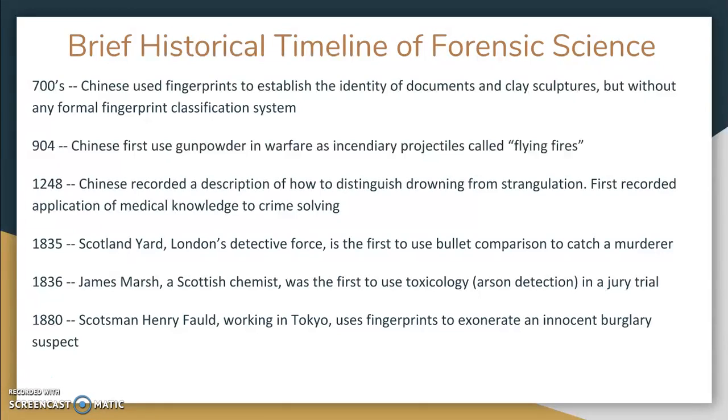Scotland Yard, which is London's detective force, first uses bullet comparison to catch a murderer. In 1836, a Scottish chemist named James Marsh uses toxicology in a jury trial, and that was for arson. In 1880, another Scotsman, who was working in Tokyo at the time, uses fingerprints to exonerate an innocent burglary suspect.